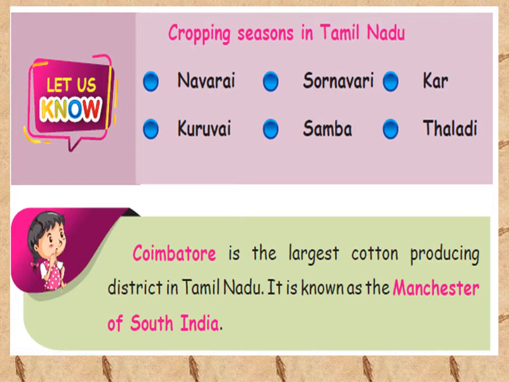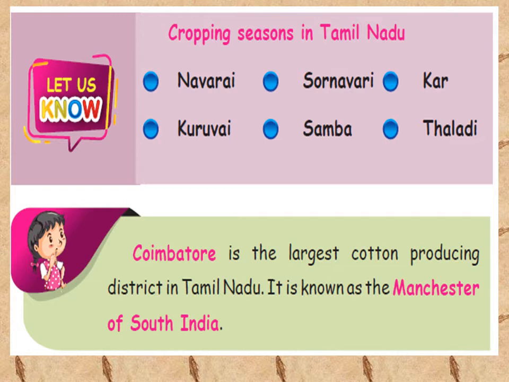You have different varieties of rice that are grown, and they are Navarai, Sornavari, Kar, Kuruvai, Samba, and Thaladi. So these are the various rice crops that are grown in Tamil Nadu during various seasons.